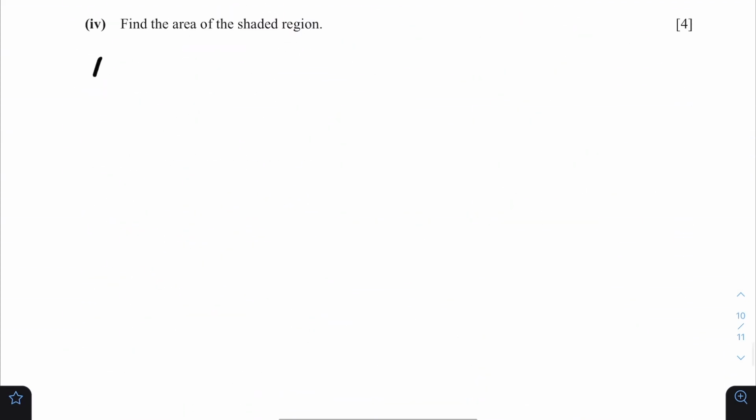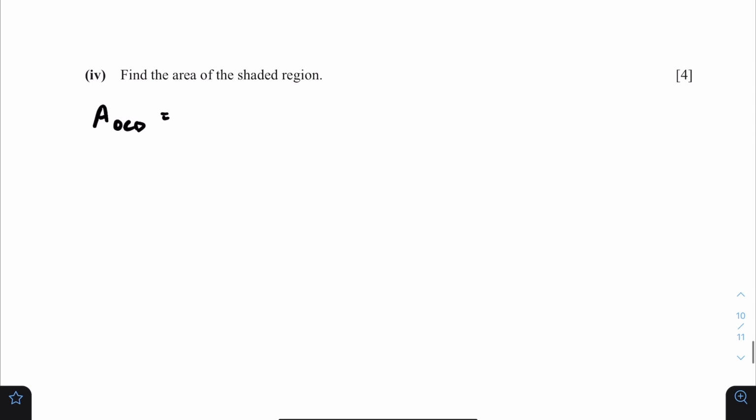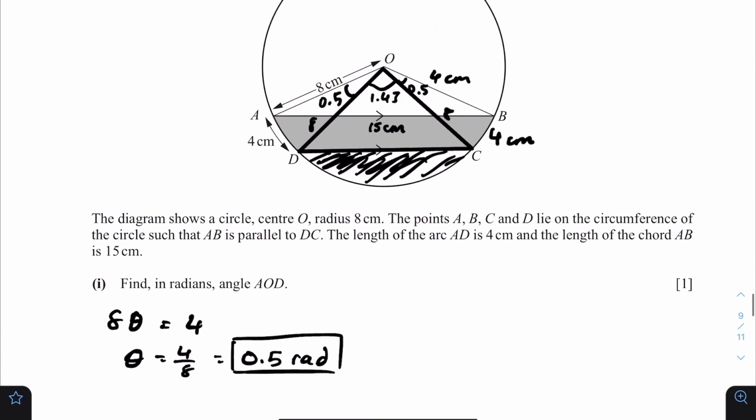So area of OCD is equal to half times 8 times 8 times sine 1.43. If we put this into our calculator, sine 1.43 times 8 times 8 times 0.5 is the same thing as 31.68. So we know what that area is.